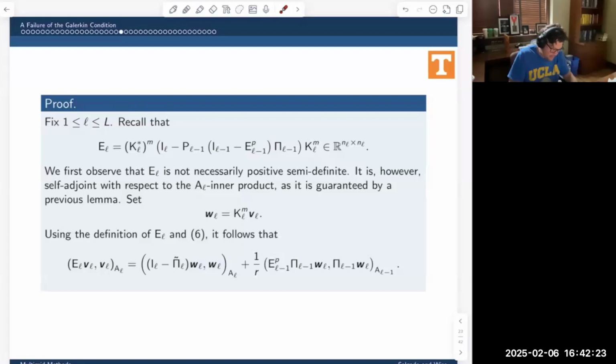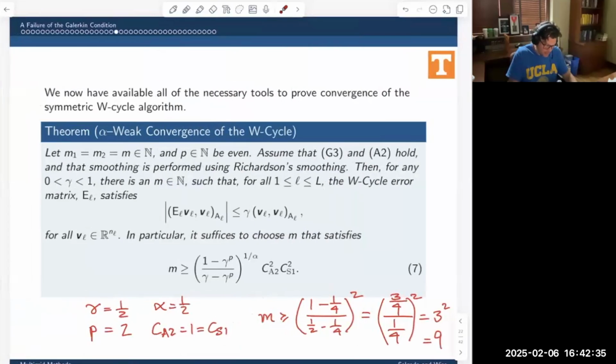Now we're going to have to evaluate this guy. It's useful to evaluate with this vector, WL equal to KLM VL. So what we're going to assume here is that VL is any arbitrary vector VL from RNL whatsoever.